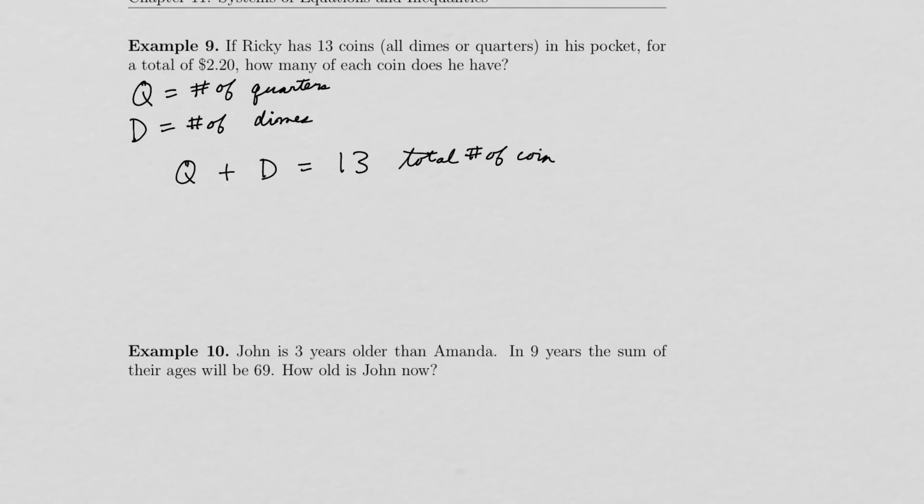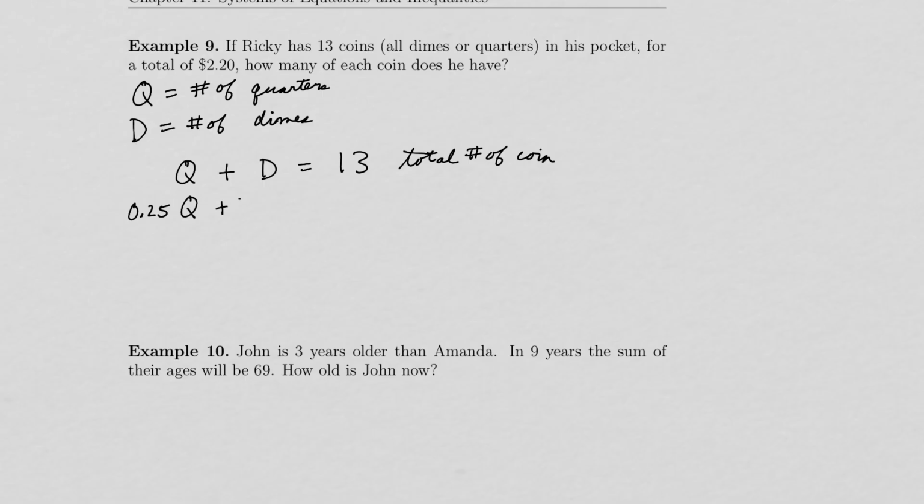And the second equation is going to deal with the total value, right? The total amount of money. So how much is each quarter worth? Well, each quarter, we're dealing with dollars, right? It's 25 cents, but in terms of dollars, it'd be 0.25. So I can write this as 0.25 times Q. Basically, it's saying $0.25 per quarter times number of quarters is the total amount of money I have in quarters.